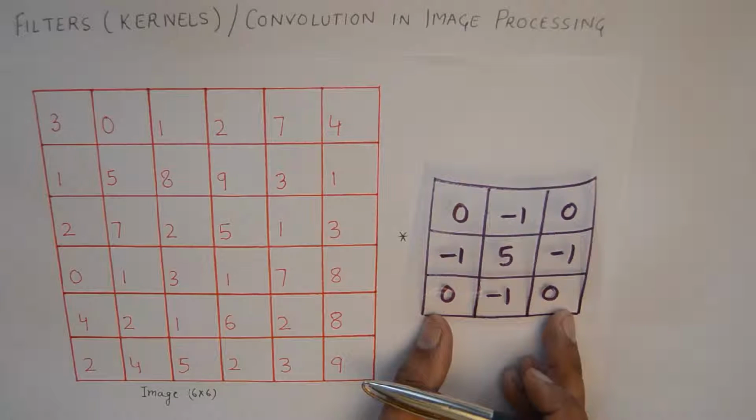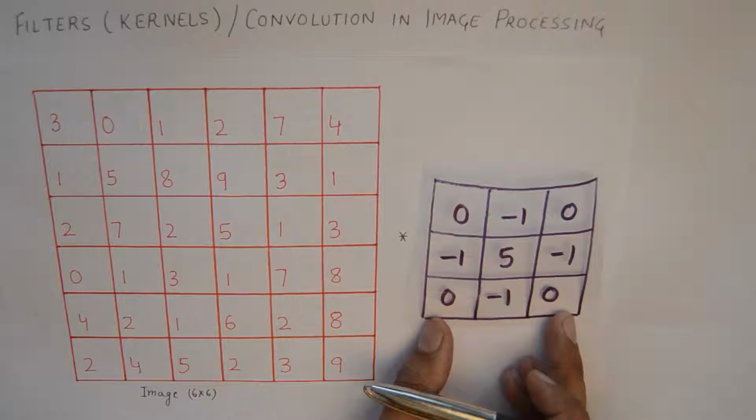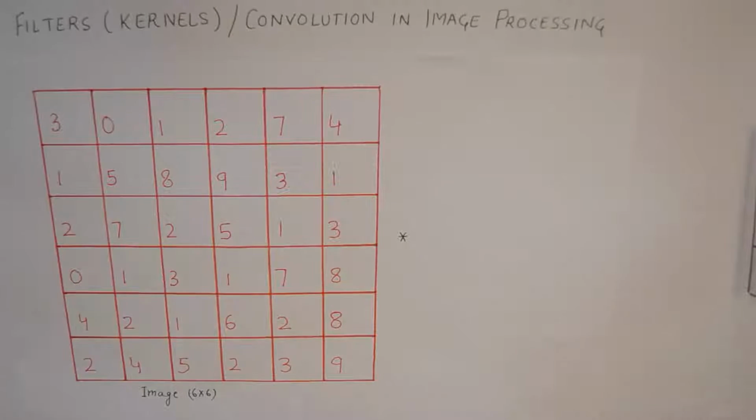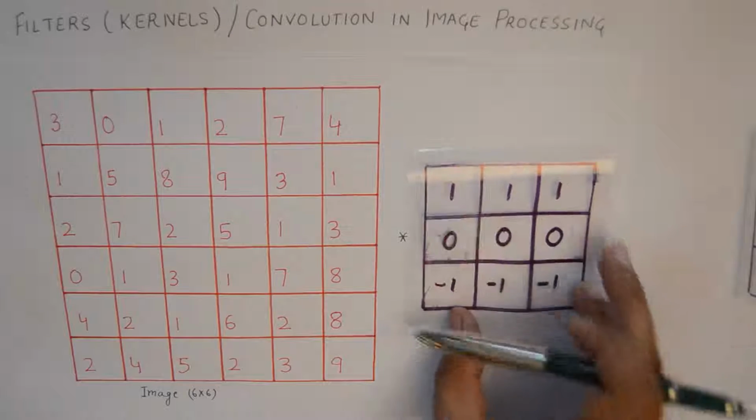For example, this 3 by 3 matrix, if it is convolved with this image, will give us a sharpening effect.